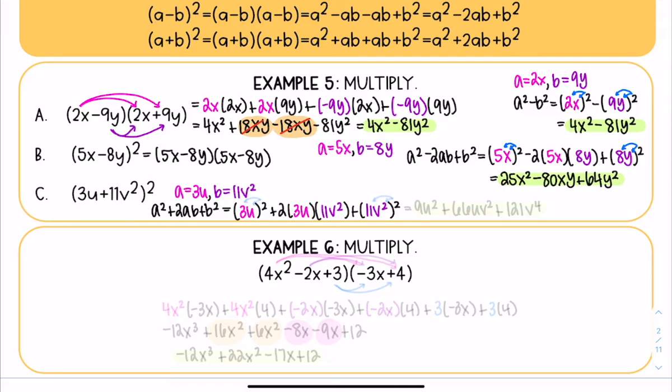We got to make sure that we distribute that power to both pieces.